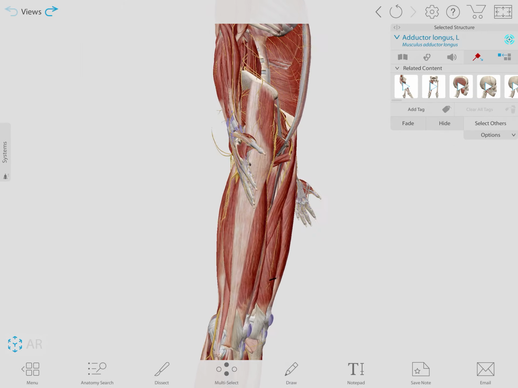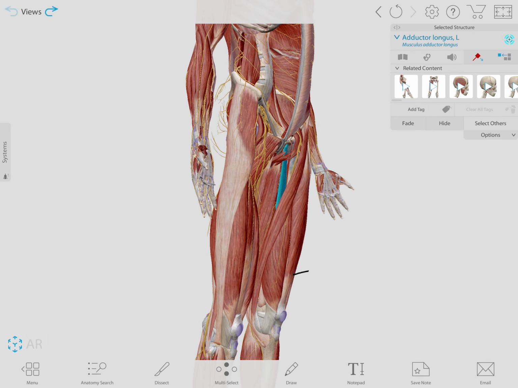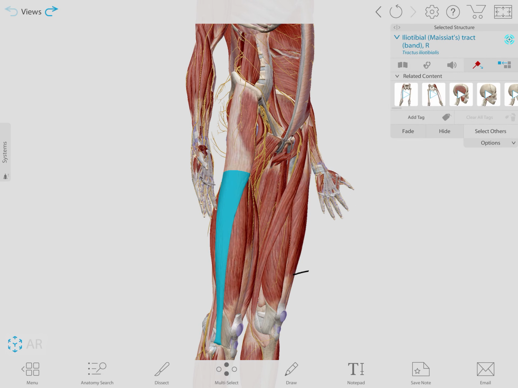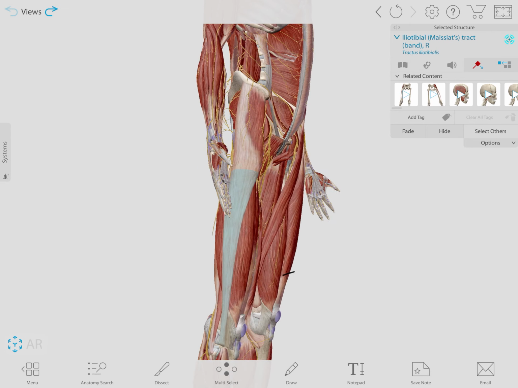Some of you may have heard somebody say that their iliotibial band is tight, or they need to stretch out their iliotibial band. Well, that's not really accurate, because your iliotibial band is a collection of fascia, or thickened fascia, on the lateral side of the thigh.